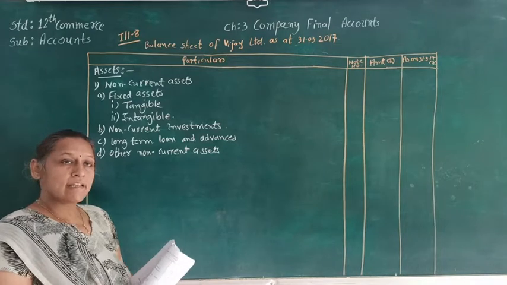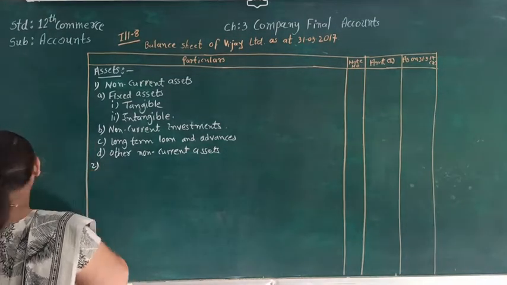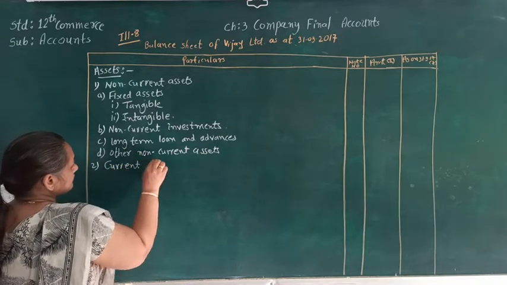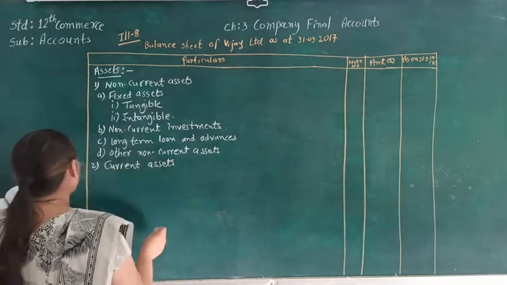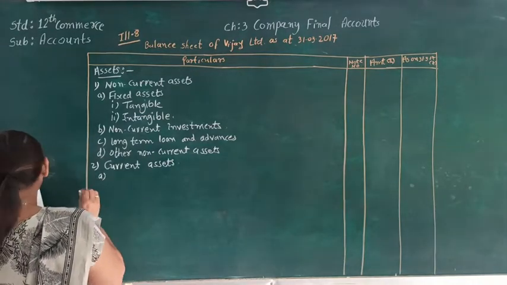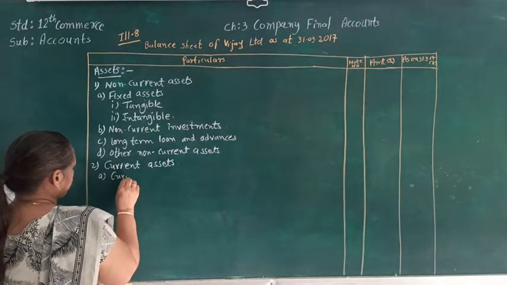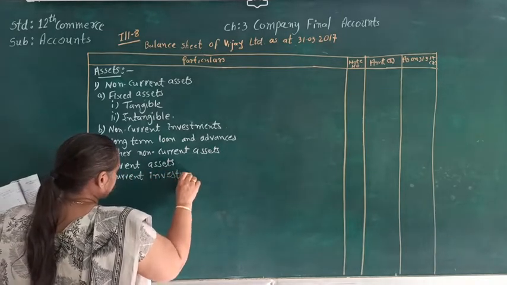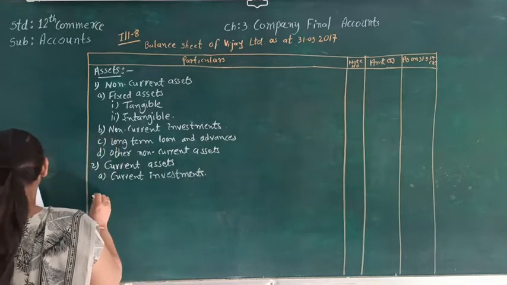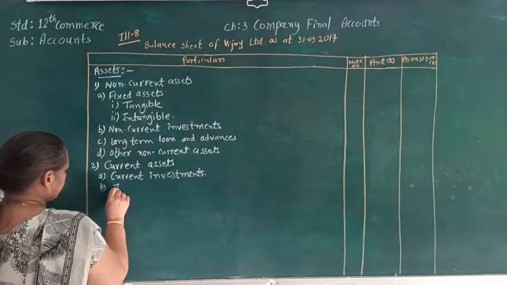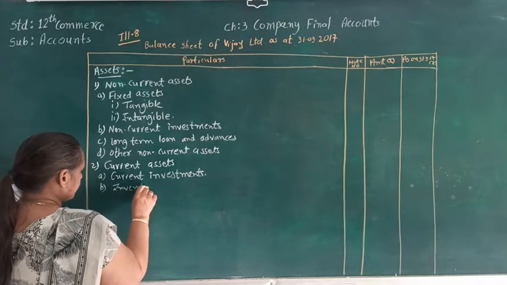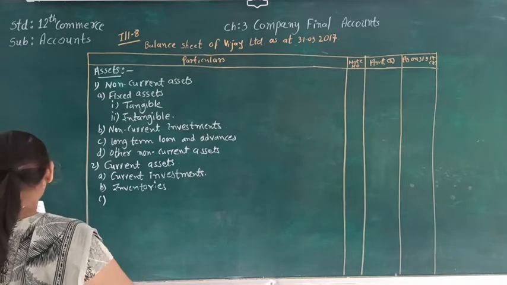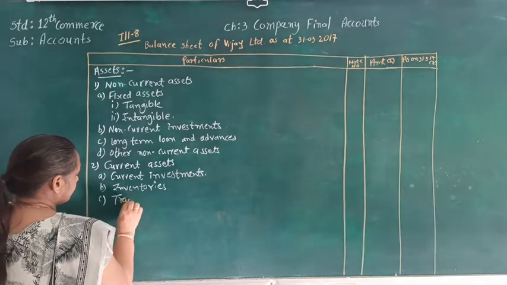Now let's see other head, that is current asset. That is again in that very first is a current investment. Then the second one is an inventory. The third one is trade receivable.